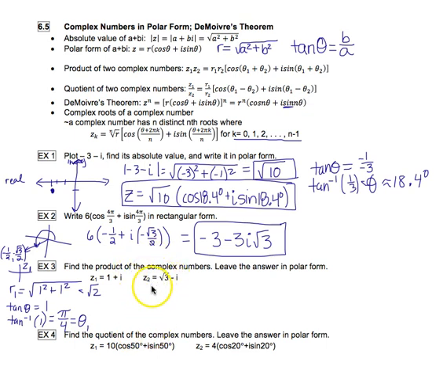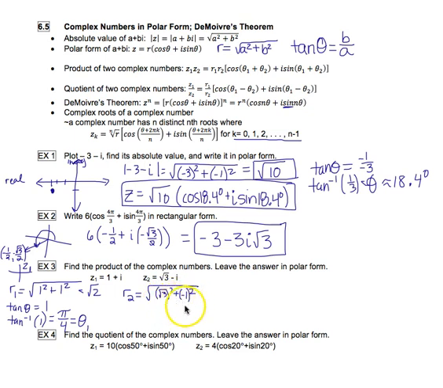Now we do the same for our Z2. So R2 is going to be the square root of radical 3 squared plus negative 1 squared. And so radical 3, when I square it, just gives me 3. This gives me 1.